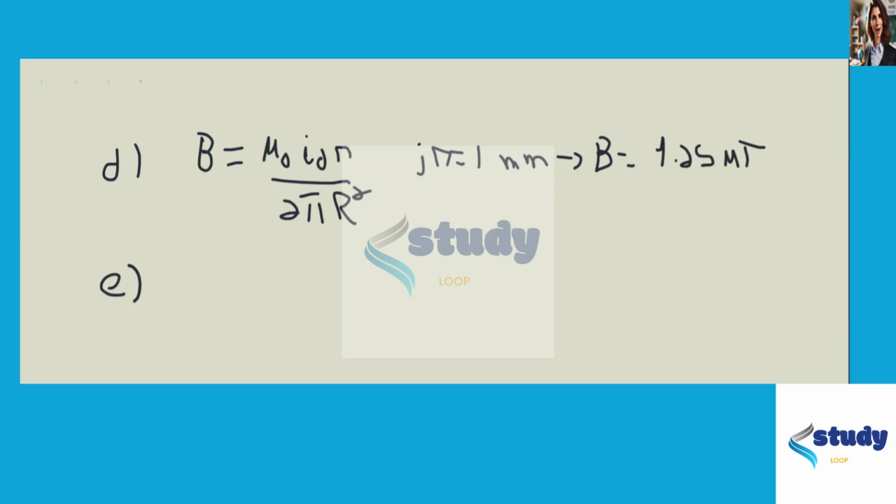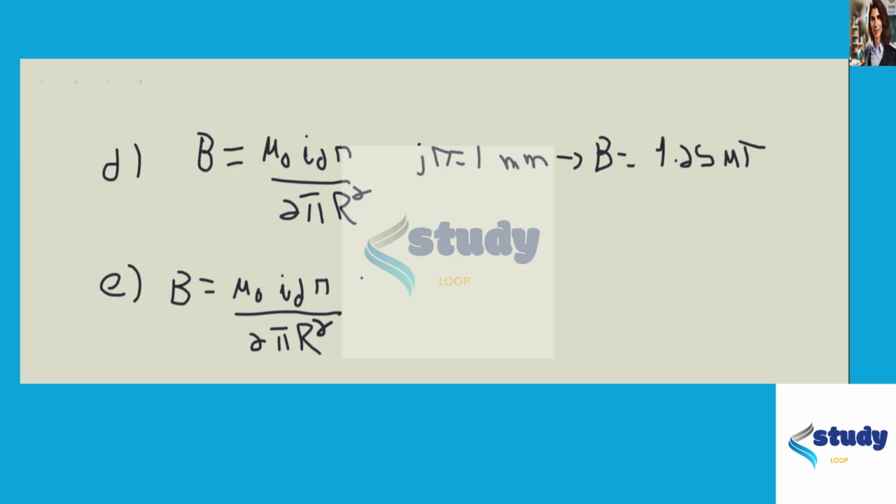Now for E, this is outside. Now the field is mu0 I_d r divided by 2 pi R squared. The field stays the same because it's from the displacement current. So this is inside the gap yet. So only the 2 centimeters will be outside the gap.